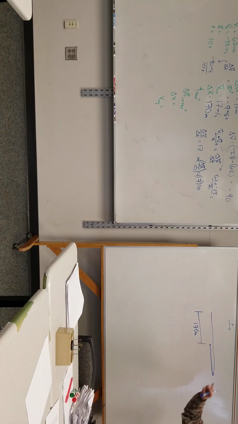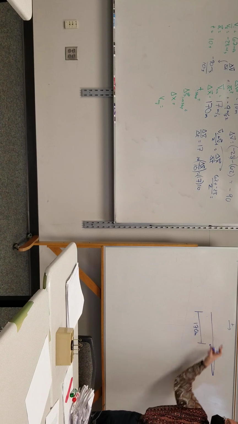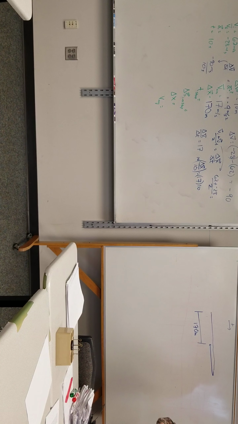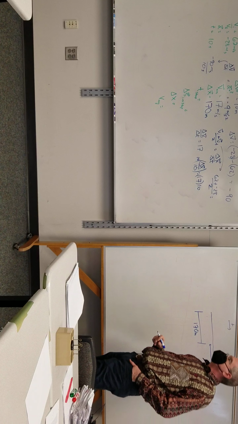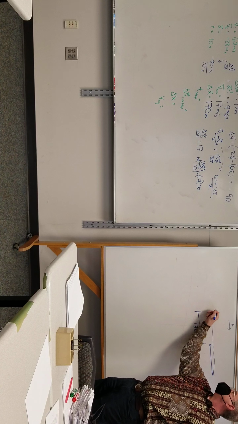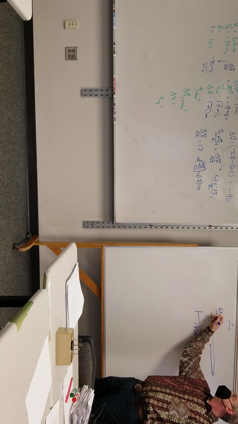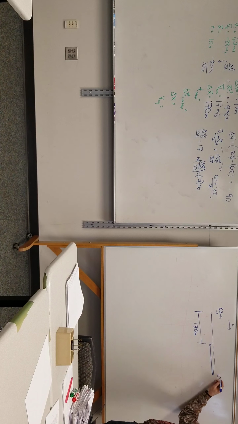So the next two questions about what time does it stop and what is the displacement from the start to the stopping, this is setting up to find the distance that was traveled. So we need to figure out the time. I know it's going 62 meters per second here. It's going 0 meters per second here.